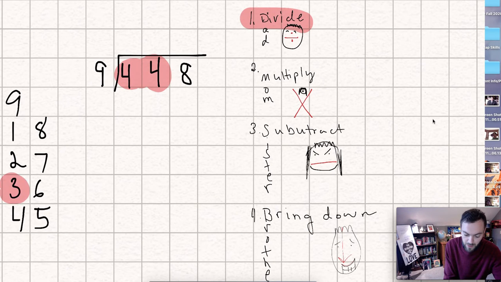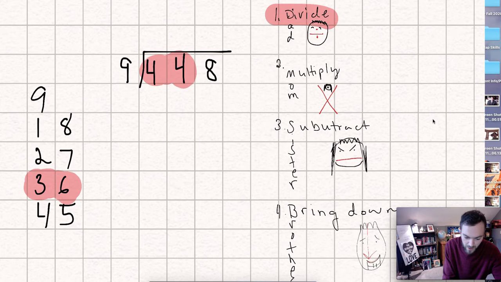So 36 is the greatest number of 9s that I can make with 44. How many groups is that? I'm going to do it this way. 1 group, 2 groups, 3 groups, 4 groups. I can make 4 groups of 9 with 44.